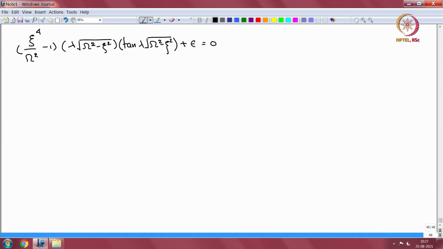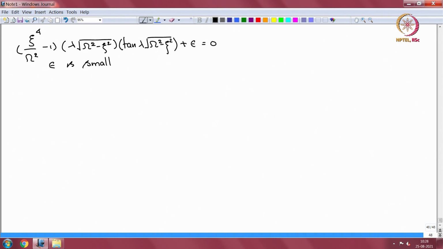So this is the equation we use if epsilon is small. However, if epsilon is large, okay, then we have to change. The asymptotic method works for small values. The technique works like that.